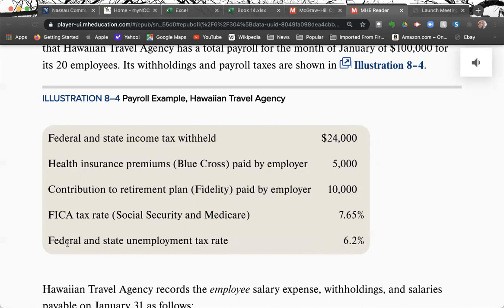There is a federal rate that's separate from the state, but let's see if they handle it as one or break it down into two. We'll see. Now, the employer contributes $10,000 to a retirement plan, and the employer contributes $5,000 for health insurance.